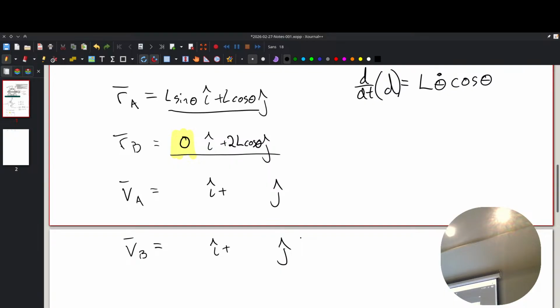Same as position, velocity, because it's moving in this circle, should have two components, some x and some y component. We can look at the position and how the position changes over time. Yeah, as you're screwing it in, it's moving both this way and that way.